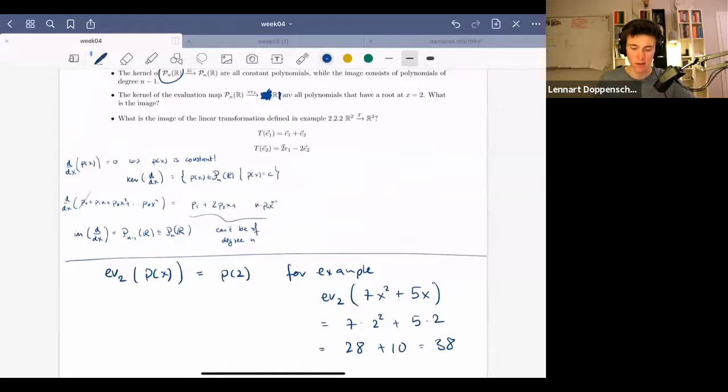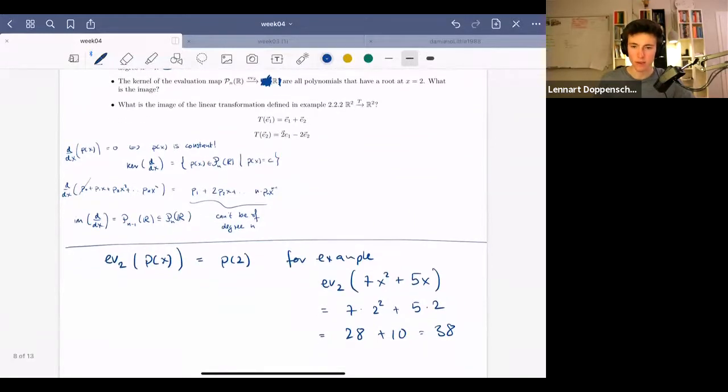Did I spoil the answer? Yes, I did. Okay, so the question is, what is the kernel of this?